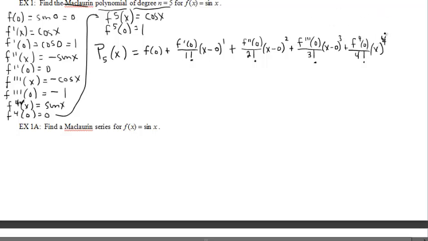Notice the degree has to match the denominator here and match the appropriate derivative for us to use this Taylor formula. And finally arriving at the 5th degree term, and this is going to be x to the 5th.